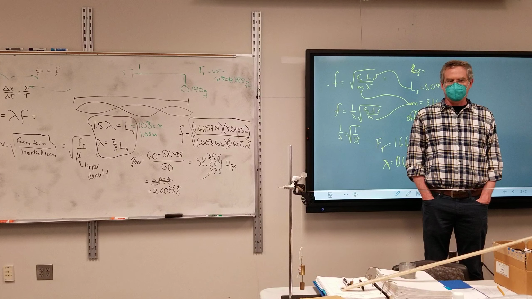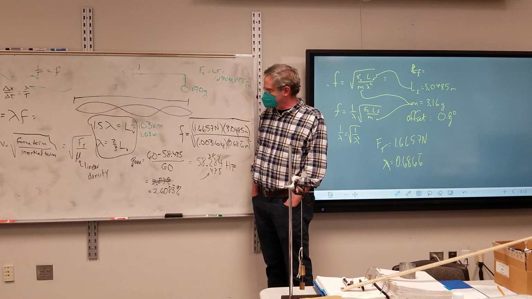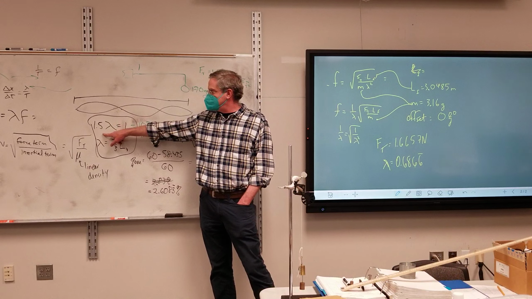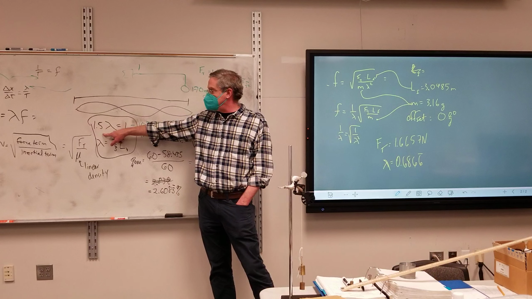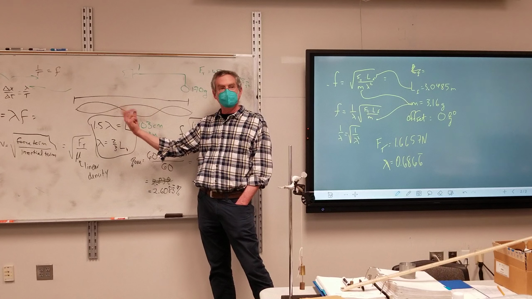Questions here? So where we got the wavelength, the 1.5, that's because it's a third harmonic and we're dividing it in half, right? That would work here, but it doesn't work for every situation, it works for two fixed ends.